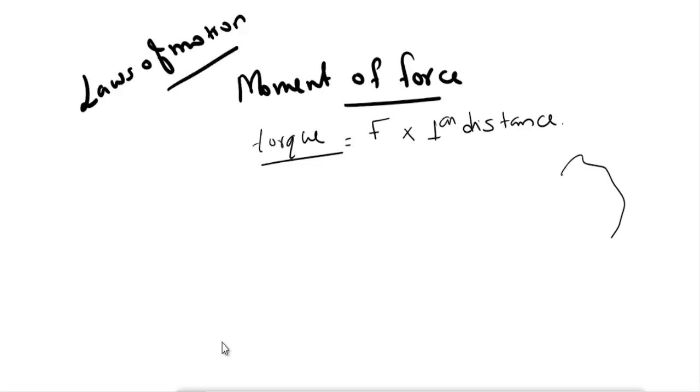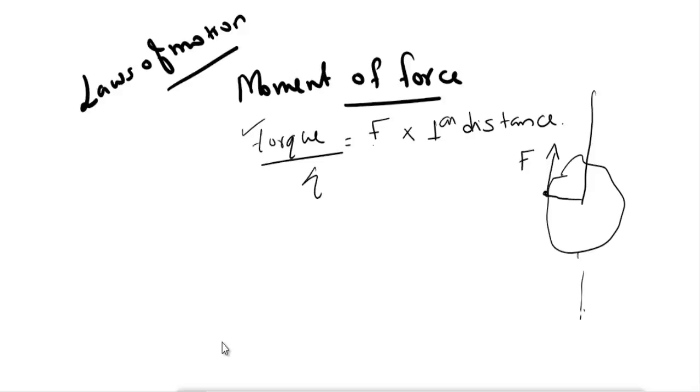Suppose a rigid body is here, rotating about this particular axis. How will we find the torque acting on the system? If this is the force I am applying on the object, then the force and the perpendicular distance from the axis of rotation will give you the torque.